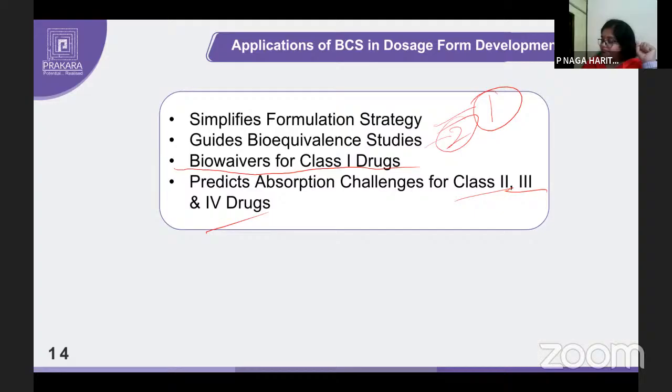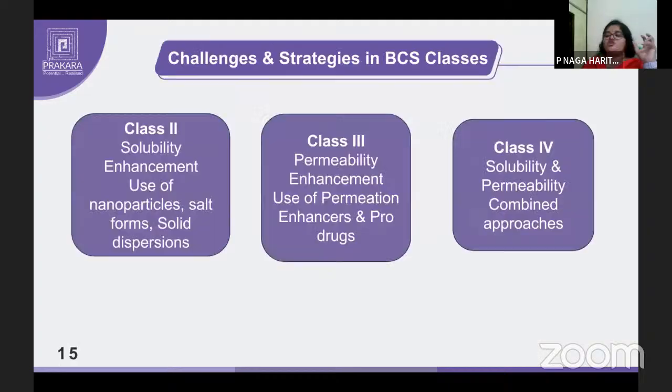And then moving on, we have the challenges and strategies in the BCS classification. Each BCS class presents unique formulation challenges and requires specific strategies to overcome them. For example, for class 2, solubility enhancement should be there. How are you going to enhance the solubility? By use of nanoparticles, salt forms, or solid dispersions, and also lipid-based formulations.